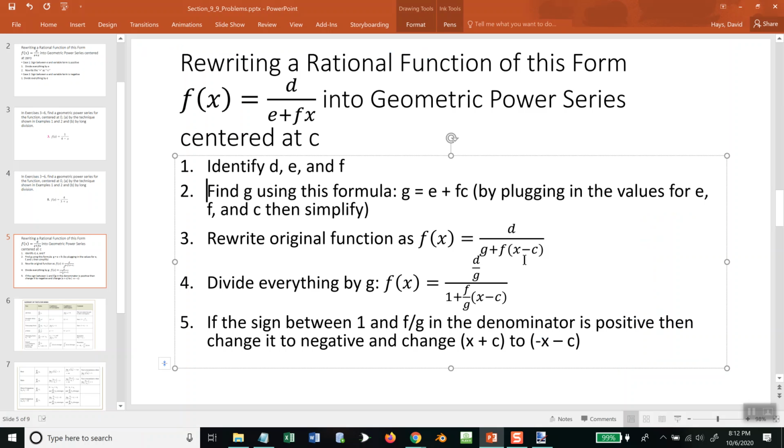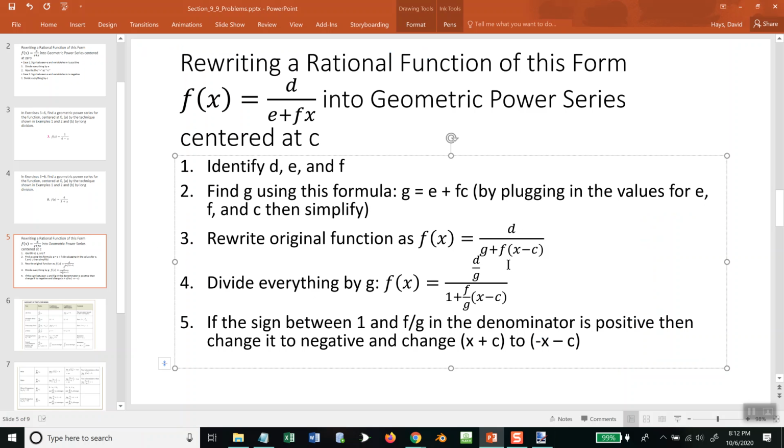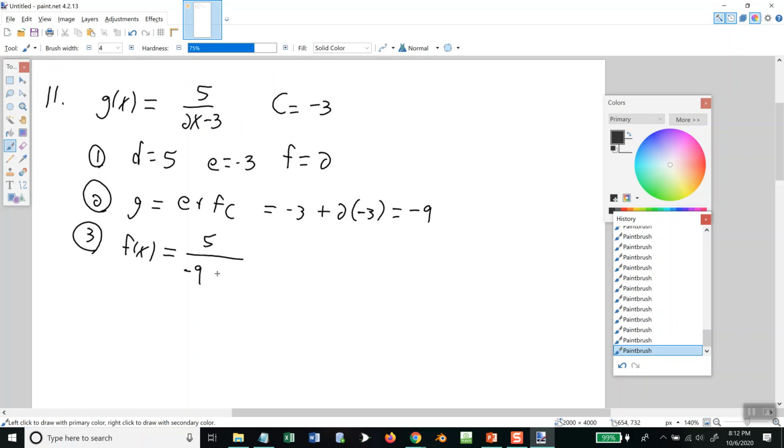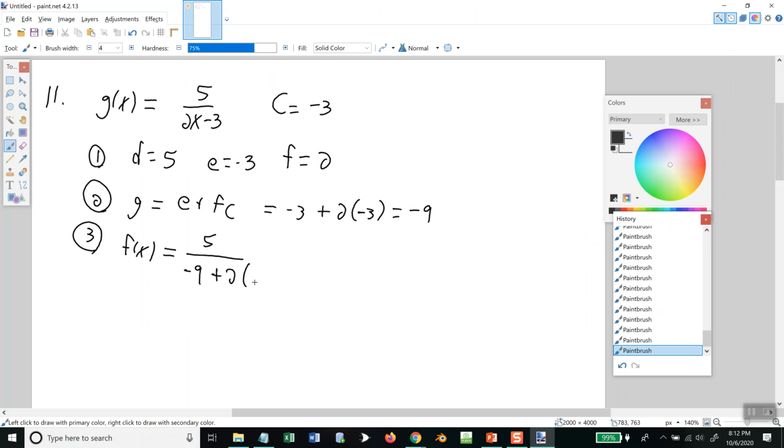F of X is equal to D. D was 5 over G. G is -9 plus F. F was 2, X minus C. So X minus a -3. So that gives us 5 over -9 plus 2 times X plus 3.